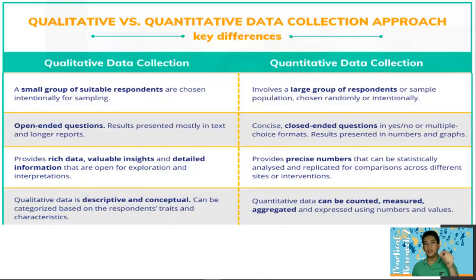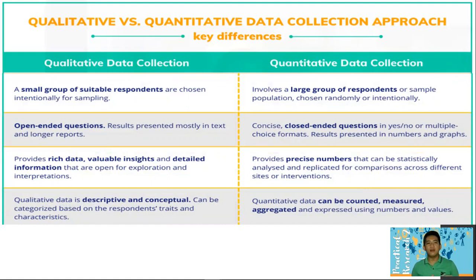Letter A, letter B, letter C. In an open-ended question, why do you watch videos on YouTube for so long? So there are different ways on how you will collect your data in qualitative and quantitative research.